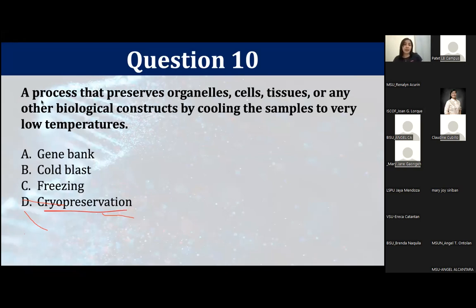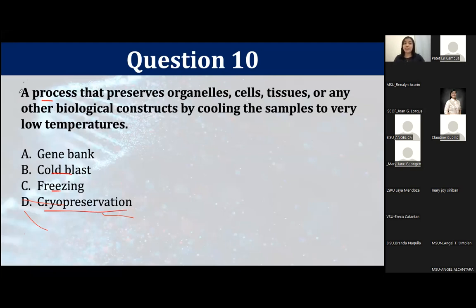Process. Cold blast and freezing is also a process. Preserves organelles. Both of these can still preserve. Gene bank is also a form of preserving. Ano yung term? Cryo is equals to cooling. Okay, cryo. Okay.